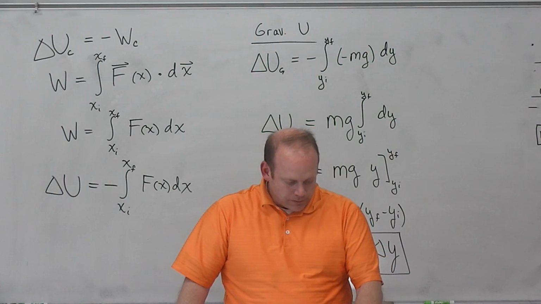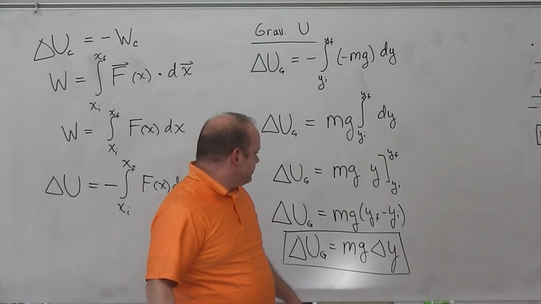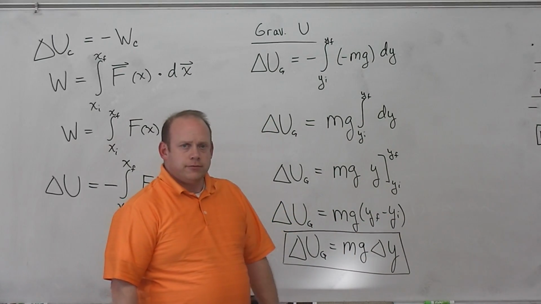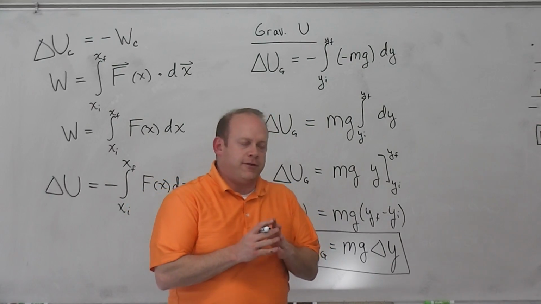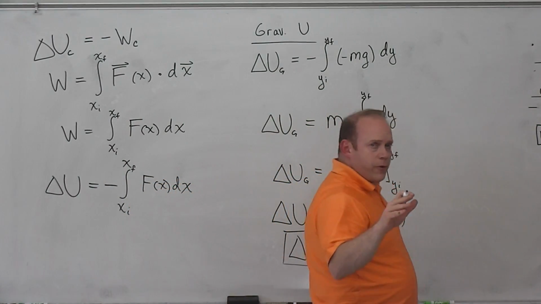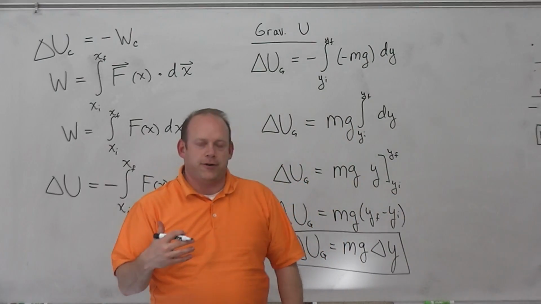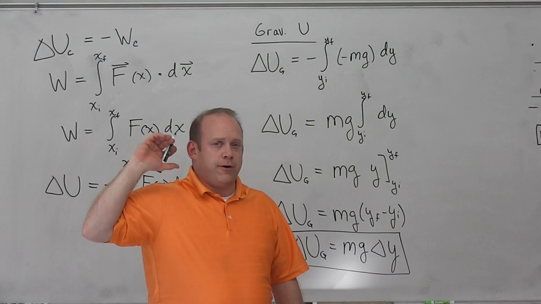Now, a lot of times we take into account the fact that our initial position will be at the ground. We have to set a reference. The important thing is that we set a reference, and we don't do this for planetary scale. Actually, at planetary scale, we set potential energy equal to 0 at infinity.